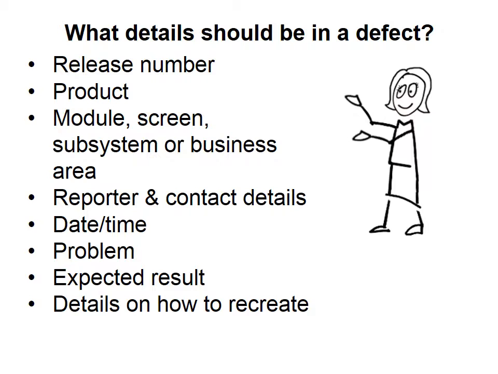Information that should be included would be the release number for the product in which the defect was found, the name of the product where the defect was found, which module, screen, subsystem, or business area the defect was found in, the name of the reporter of the defect with their contact details, the date and time when the defect was found, a short statement explaining the problem, a short statement explaining the expected results, and most importantly, details on how to recreate the defect. The contents of a defect report could differ depending on your product and project.